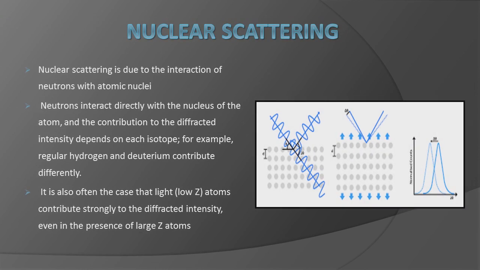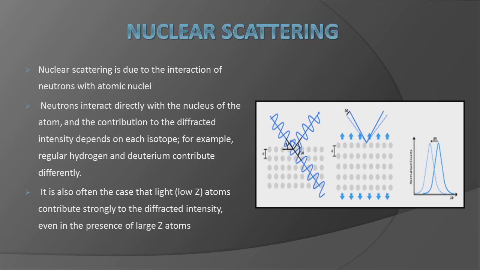Here in neutron diffraction, two types of scattering mainly occur. One is nuclear, and another one is magnetic scattering. This shows nuclear scattering. The image shows the scattering effect, and this happens due to the interaction of the source material neutron with the atomic nuclei, and this differs for each isotope.